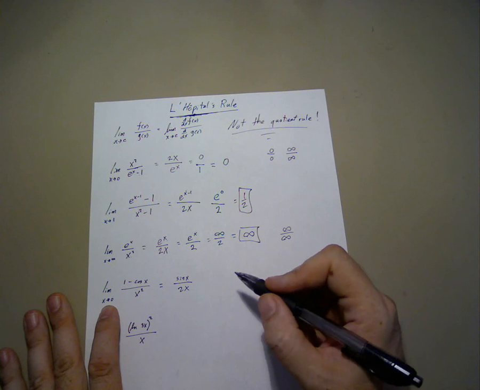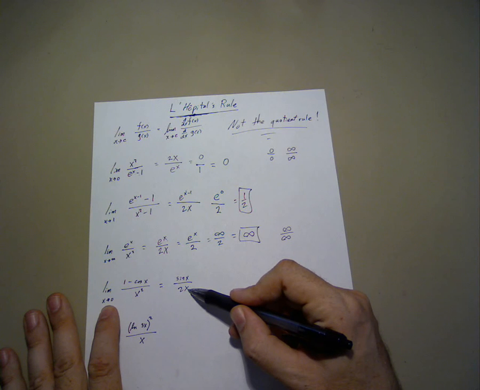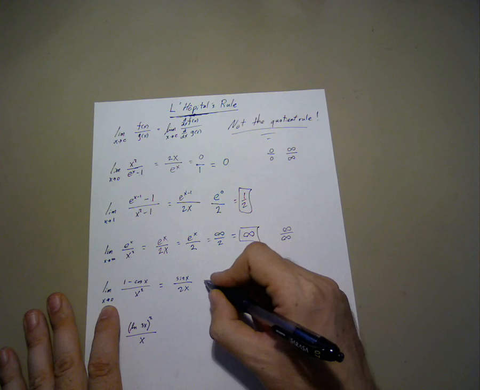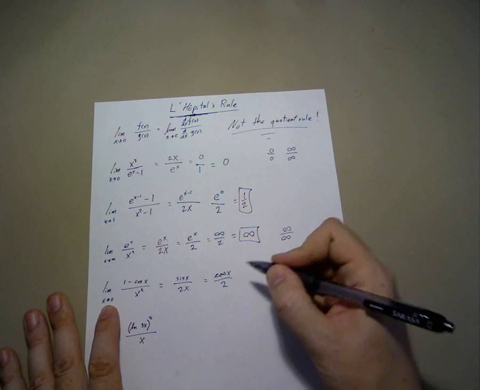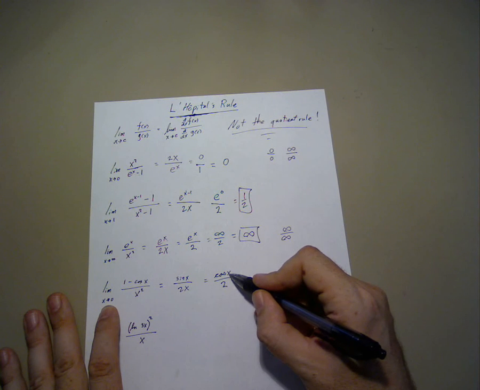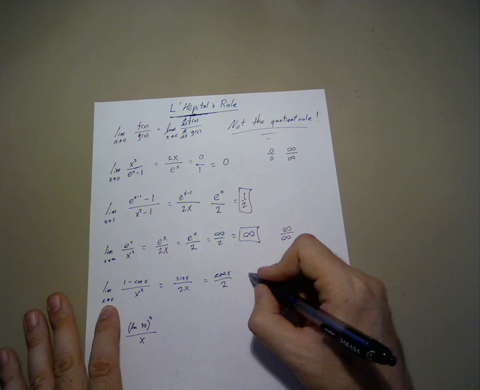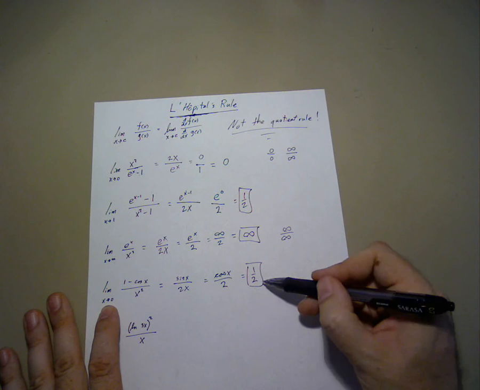In this case, the derivative of sine x is 0, and the derivative of 2x as x goes to 0 is 0. So we have a 0 over 0 form now. If we apply the derivative again, we get cosine x over 2. As x goes to 0, cosine x becomes 1. Hence, our limit is 1/2.